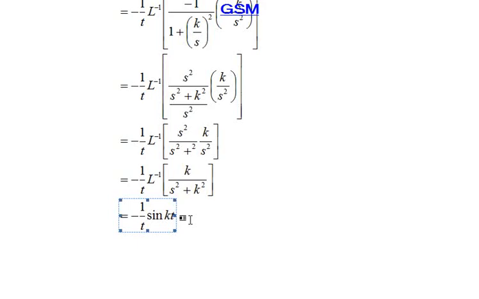That is the answer of sin kt. L inverse of k by s squared plus k squared equals sin kt. So minus 1 by t sin kt is there. So this is the final answer.